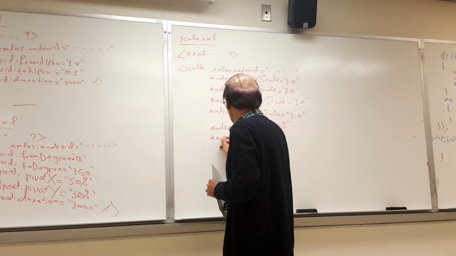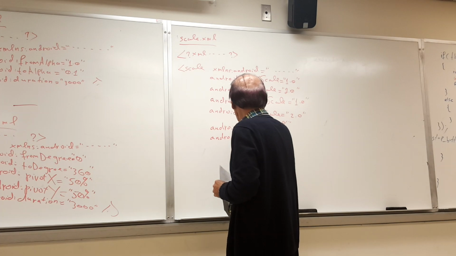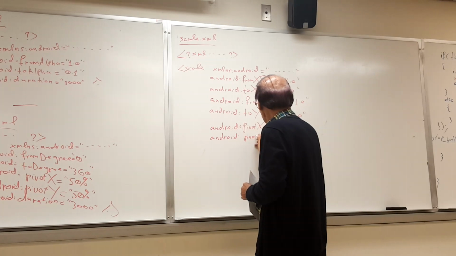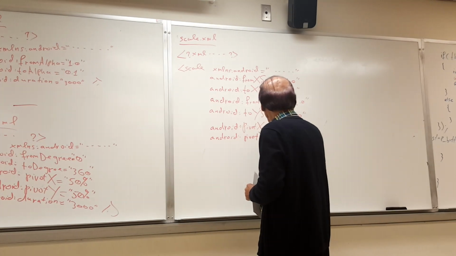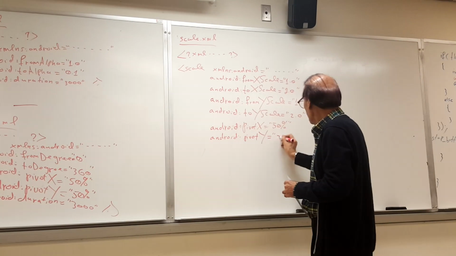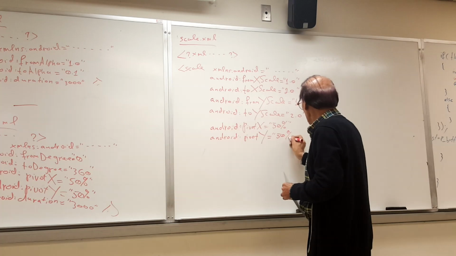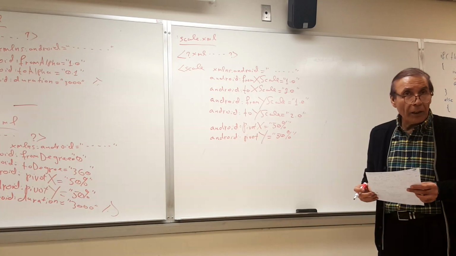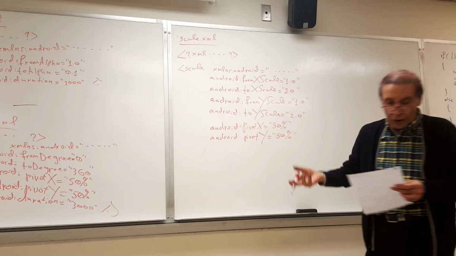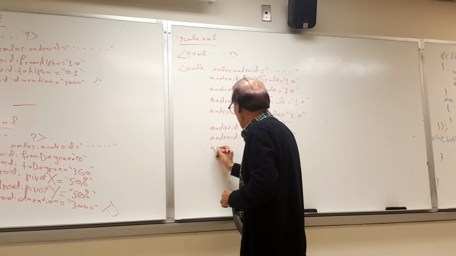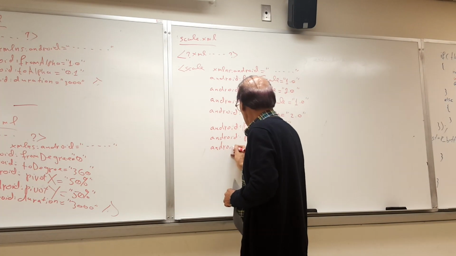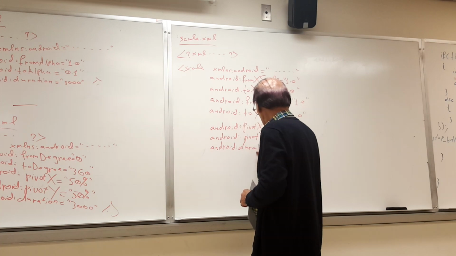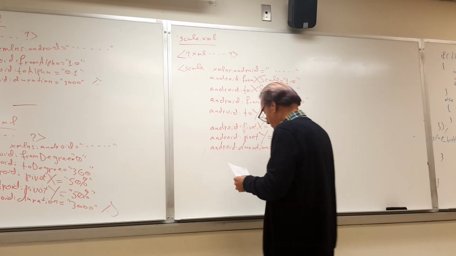android:pivotY equals 50%, so it will be the center of the screen. And finally, the duration of your animation. android:duration equal 3000.